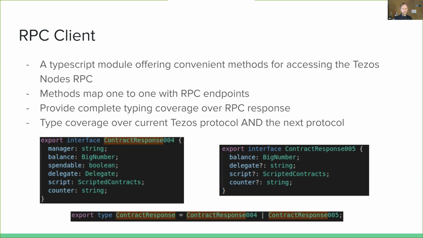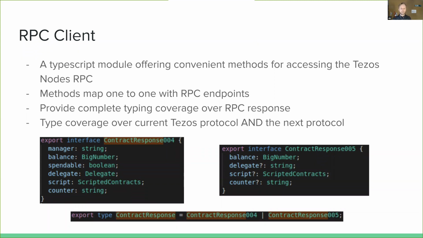If you look at the definition for contract response 004, you can see it has these properties: manager and spendable. Now, when the blockchain upgraded to Babylon, that protocol upgrade refactored how some things worked, and it removed those two properties, manager and spendable.